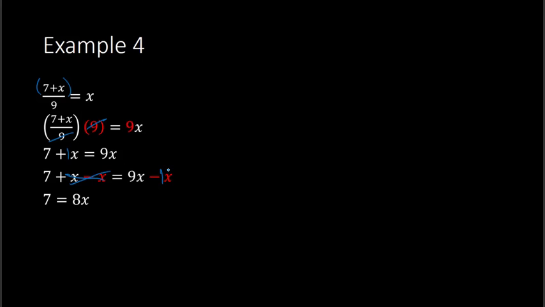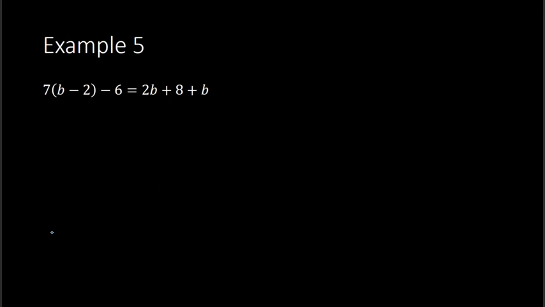And then to finish off, I need to get rid of the 8 with the x. So this is 8 times x, so I get rid of it by dividing. So divide both sides by 8. The 8's will cancel on the right side. On the left, I have 7 over 8 left over. So my solution is x equals 7 over 8.